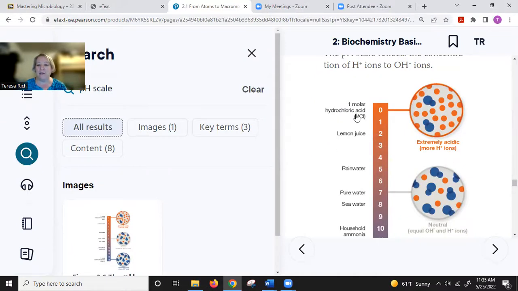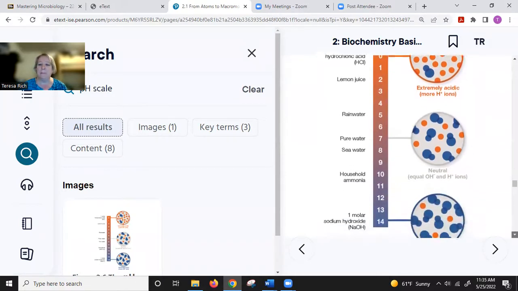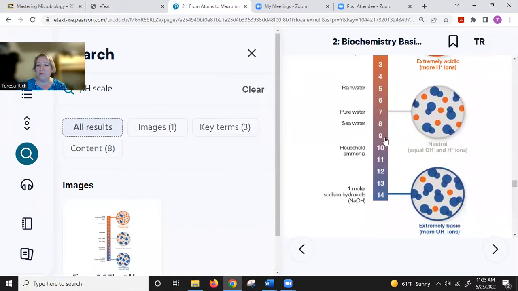Lemon juice is here, rainwater is here, and pure water is 7, which is considered neutral. Then further down the scale it is more alkaline, with fewer hydrogens in there.